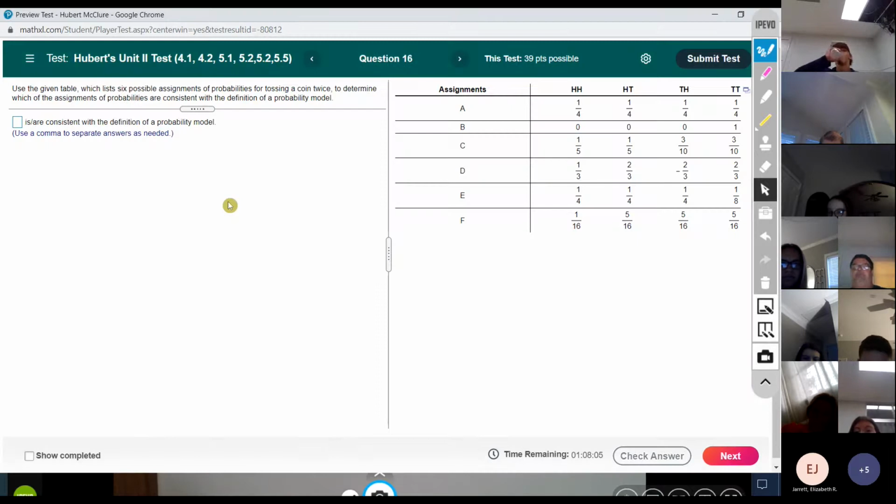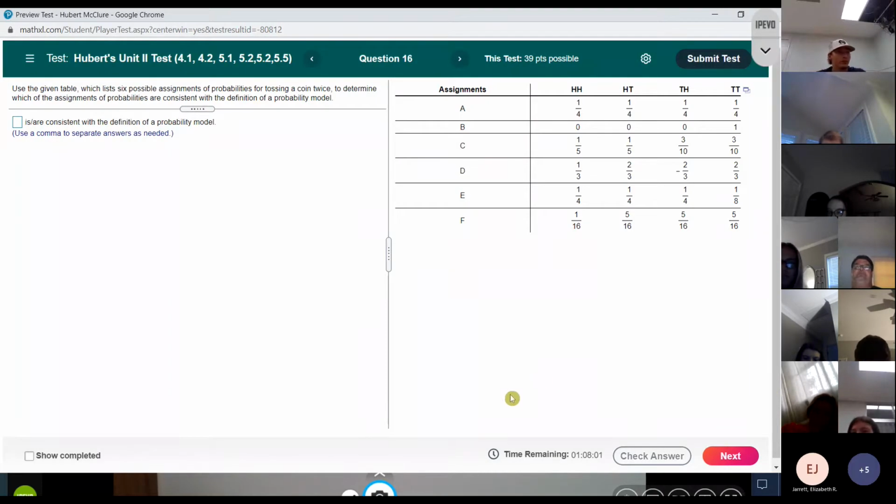All right, look over this one and tell me what's what. I think we went over one of these the other day. Which one is not a probability distribution? Negative 2 out of 3. Negative 2/3, so D is not. And there's one more.